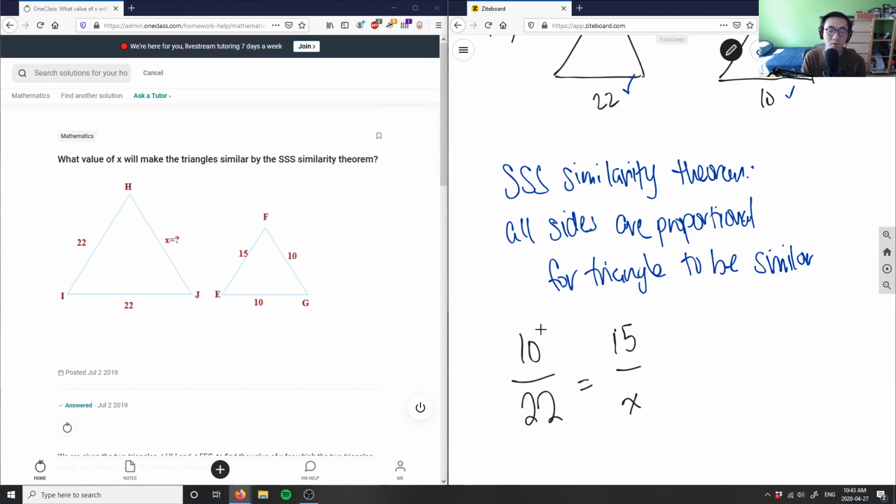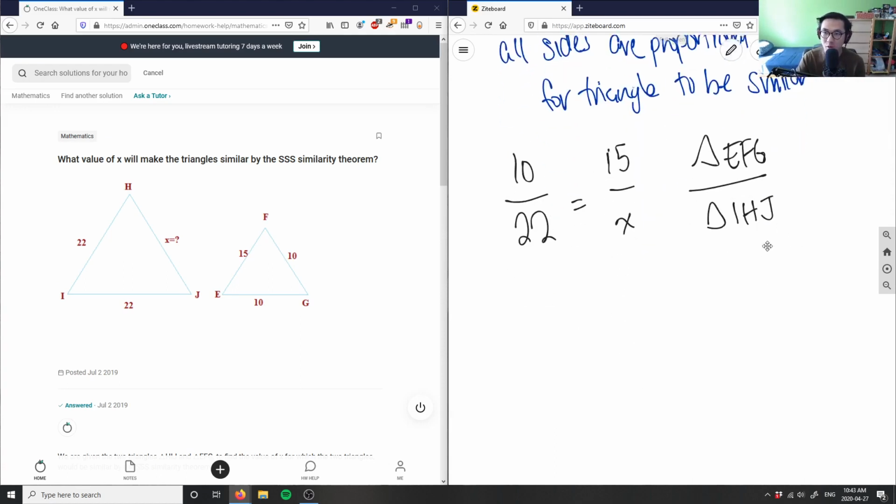So again, these top 2 terms are from triangle EFG, over, this is from triangle IHJ here. I'm just creating a proportion in order for us to solve for this x value here.